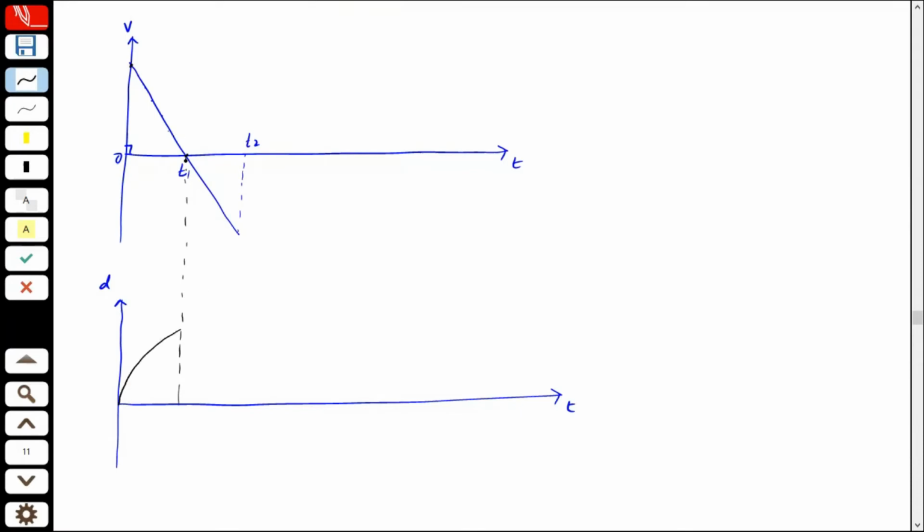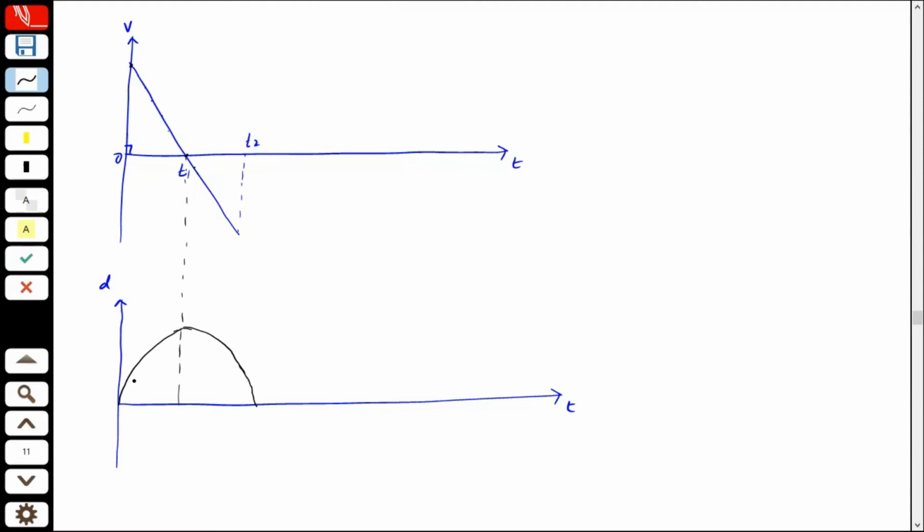Then the velocity has become negative and is increasing in magnitude. So the gradient of the displacement time graph should become negative. Gradient should increase, sorry, as the velocity is increasing, so the gradient should increase.